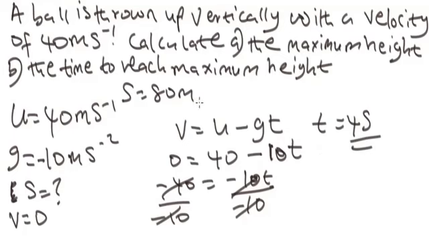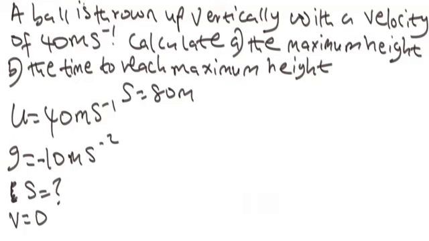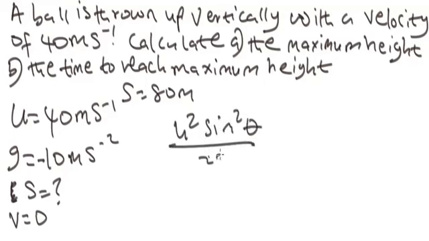Now, this particular question can also be solved using the projectile formula, because it's talking about maximum height and time to reach maximum height. Let me show you how you can also do the projectile. In projectile, to calculate maximum height, you use u squared sine squared theta over 2g.